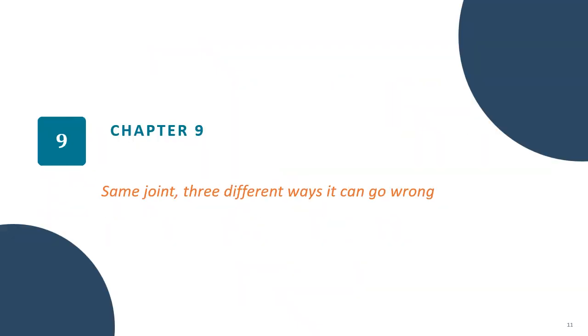Now we're going to move on to chapter 9, which is arthritides. We're moving away from congenital development and into joint diseases. Arthritides simply means the different forms of arthritis, and I know you're probably familiar with the term.